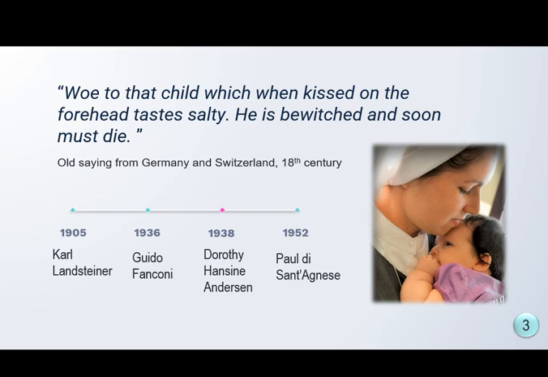For example, the first salty baby discovered, someone in his family, I think his aunt or his grandma, had the same disease and also passed away very, very early in their age.